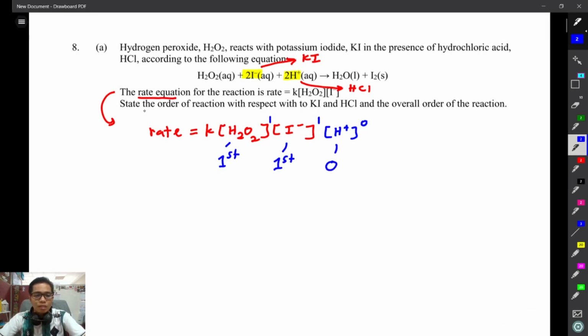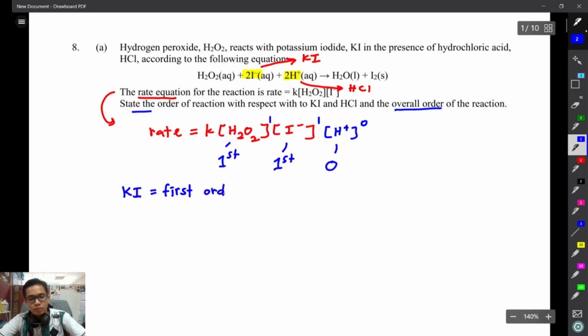So the question said state the order of the reaction with respect to KI and HCl and then the overall order. Okay, so KI equal to first order, HCl 0 order.